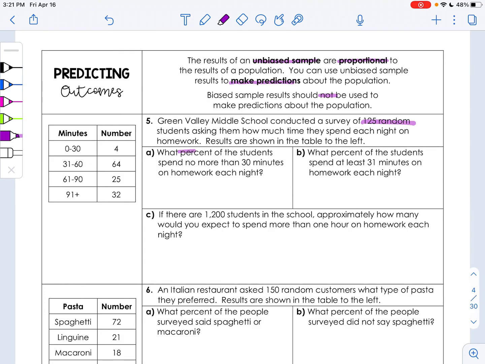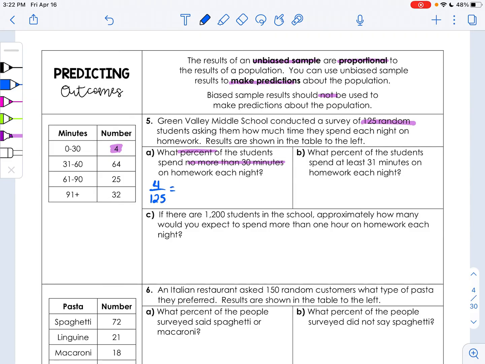What percent of students spend no more than 30 minutes on homework? So that means the most they spent was 30 minutes. It was 4 people, but it wants to know what percent. So that would be 4 out of 125 students.